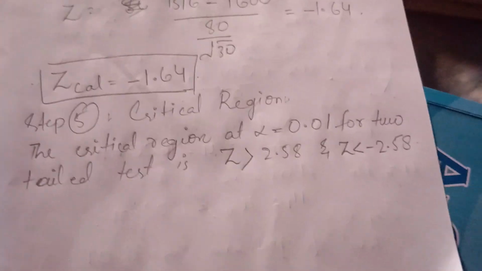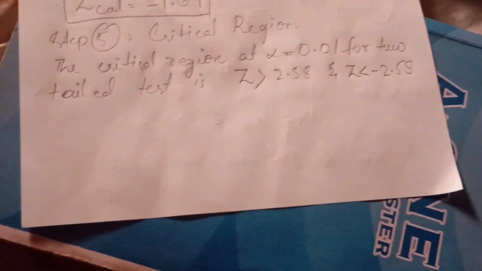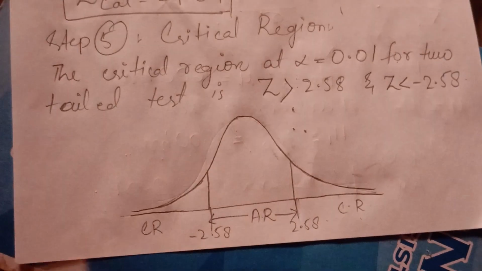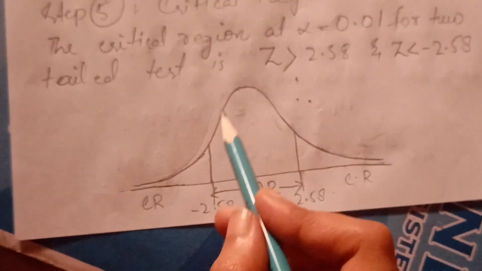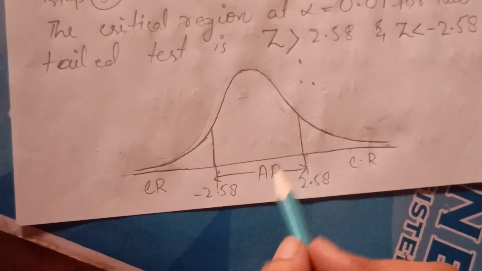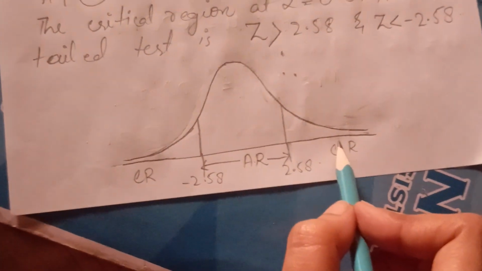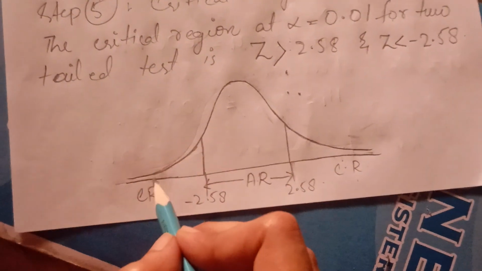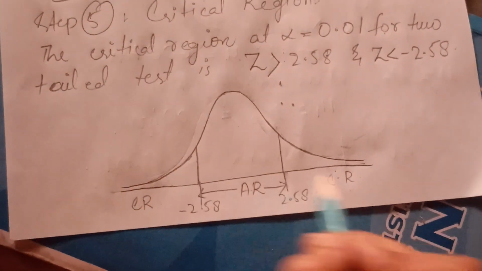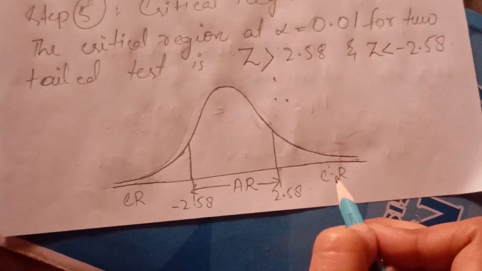So we have to draw this diagram. This area is the acceptance region, AR, and this is the two-tail test diagram. This is a CR, critical region. This is also a CR, critical region.